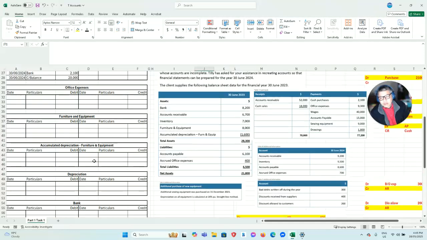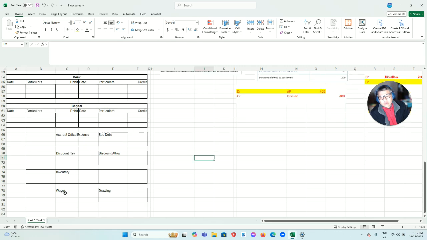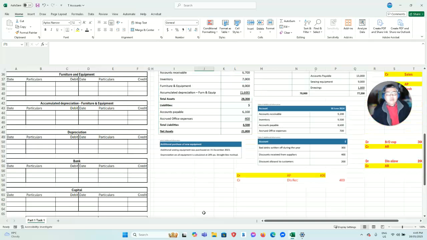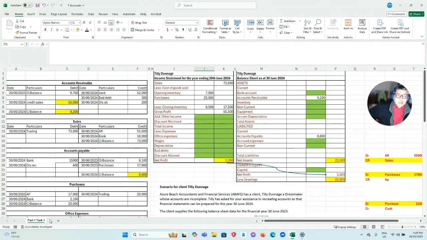There's not given that it's a different one, accrual of the expense balance sheet account, bad debt, discount receipt, discount allowed, inventory, wages, drawing. Yeah. After you finish that, you're going to put it to the relevant financial statement. Some of them will go to the profit and loss or income statement. Some of them will go to the balance sheet. Then you balance it out.